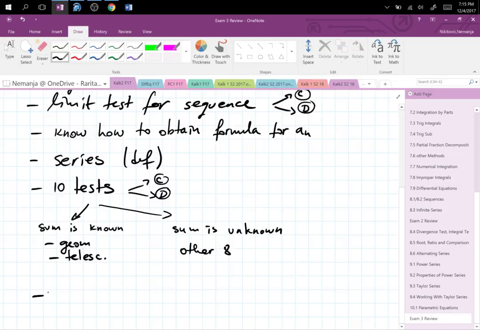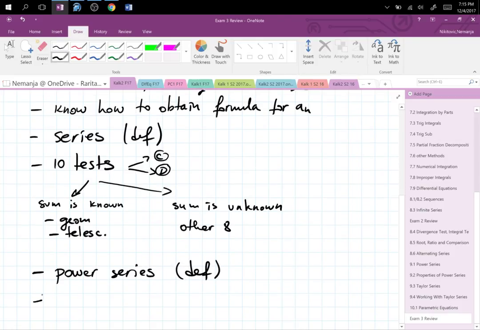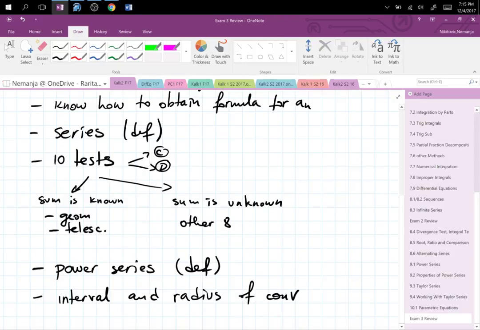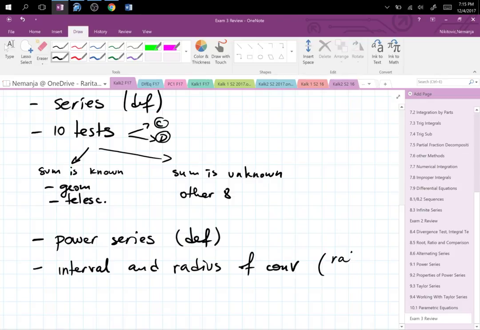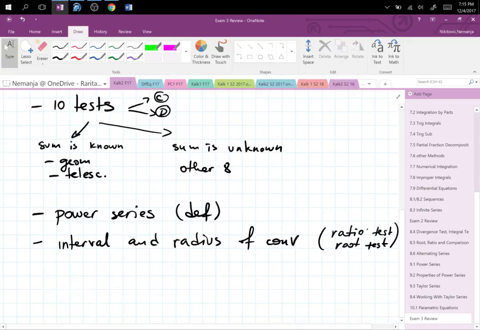And then we have power series. Again, know the definition. And we need the interval and radius of convergence, mainly using the ratio test, sometimes using the root test if it's easier, but those are the two tests that generally we use.